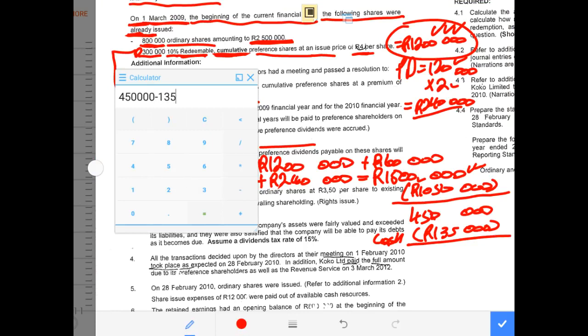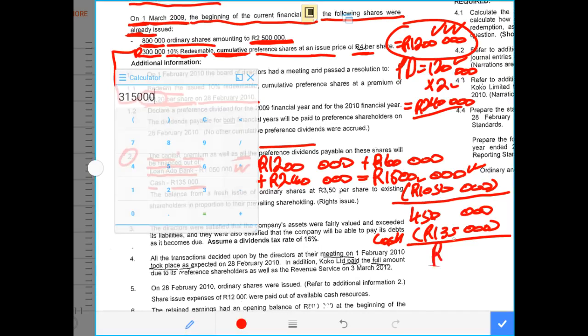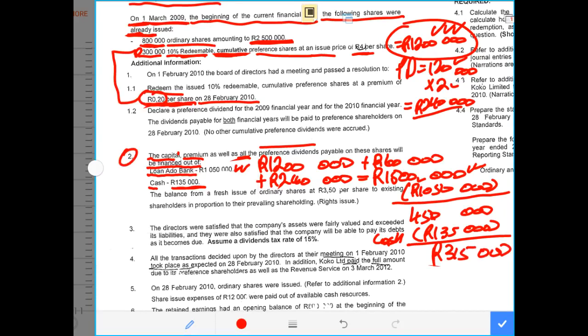Minus 135,000. Then we see that there is still another balance left, 315,000. There is 315,000 that still needs to be raised in order for us to get to the total of 1,500,000, which is the payment to the preference shareholder because of the redemption of these preference shares.